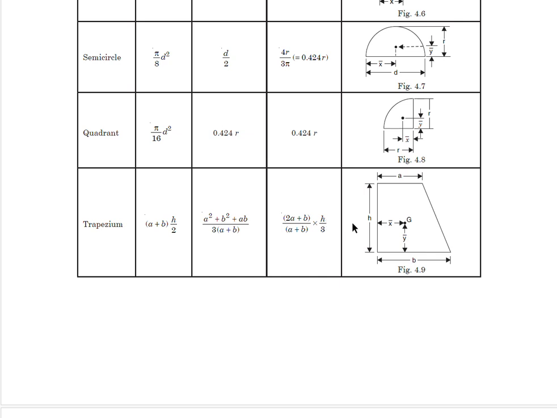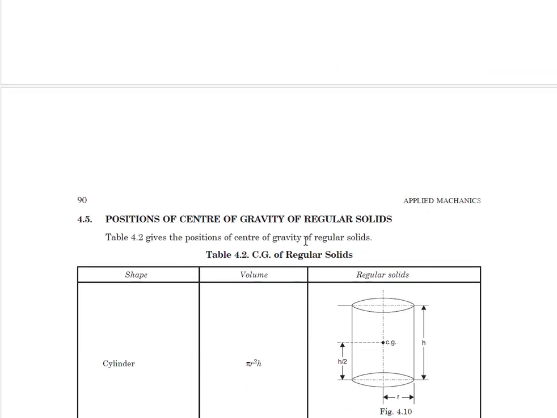All these locations of the centroid we can easily find out using a methodology or procedure that we will discuss later, but at this point of time you can remember all these.